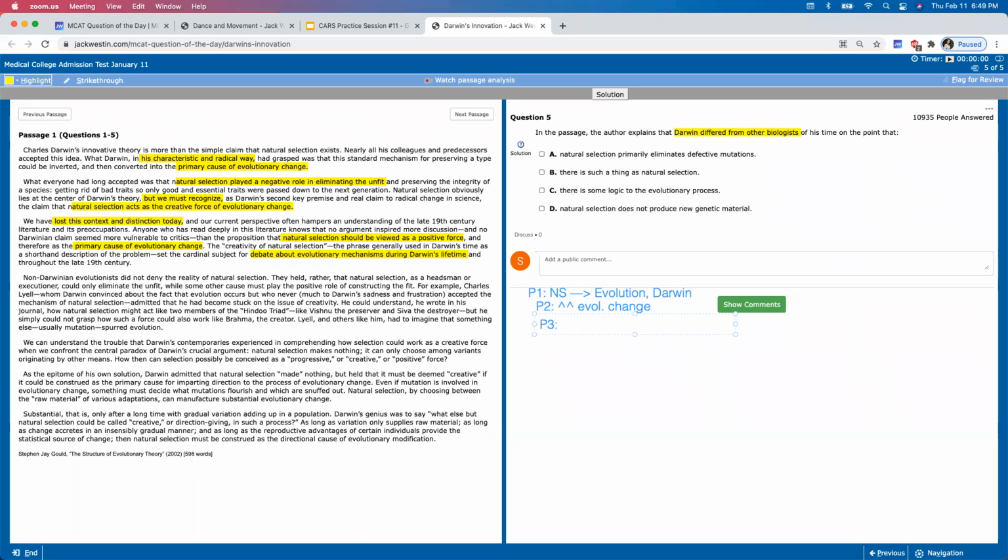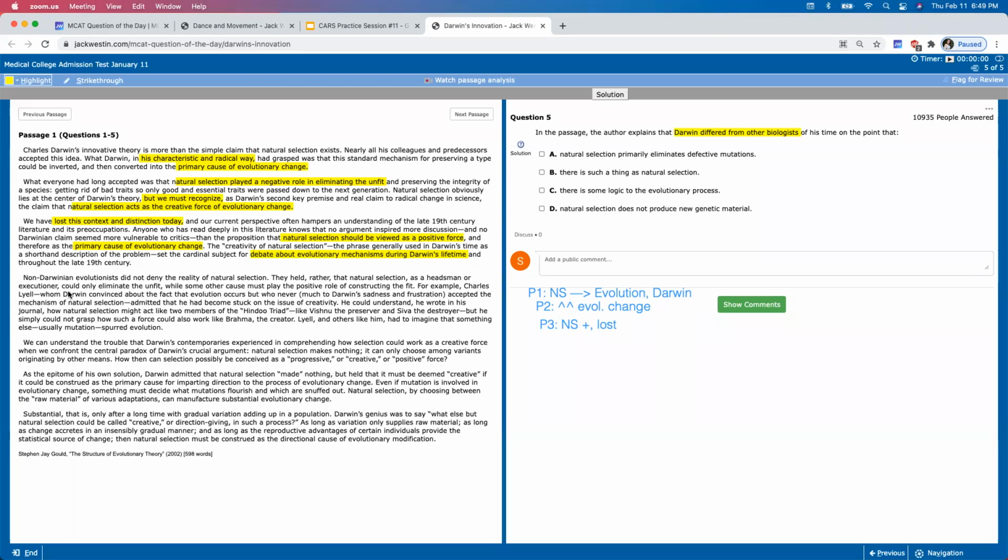Yeah, so before we said natural selection was positive, and that is lost. We want to keep these really short, and the only person that has to understand them is you. So make sure you understand what you're writing.